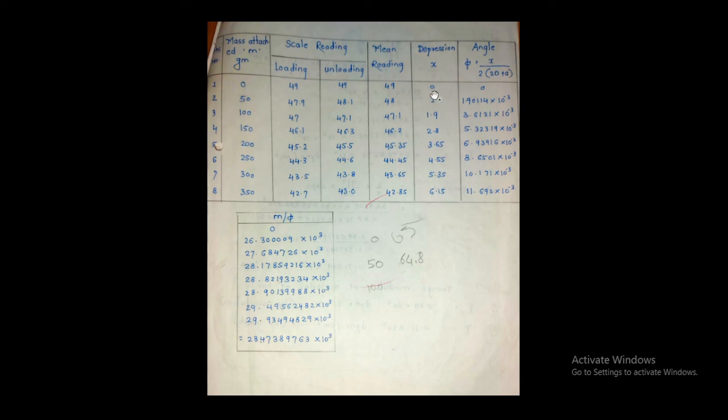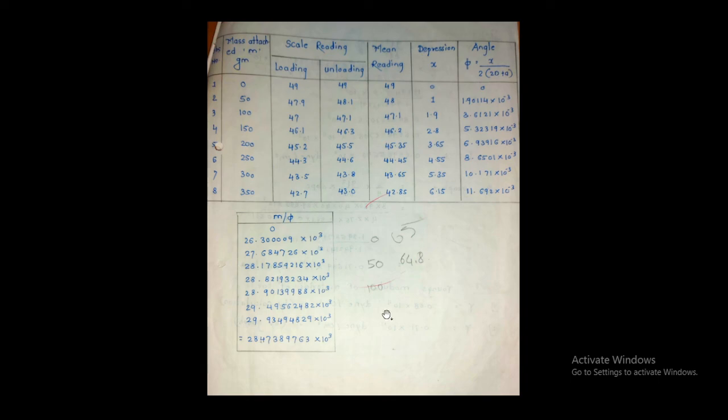Now once you know this x, and d and a are known from the observations, by using this formula we calculate the angle of flexure phi. Then, since the first column is m and the last column is phi, we take their ratio, m upon phi, and it comes out to be this.